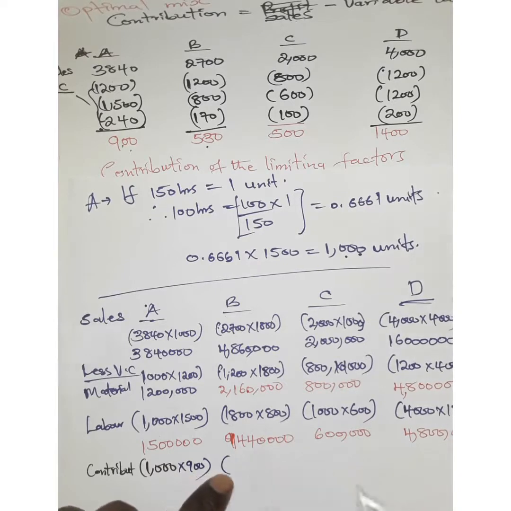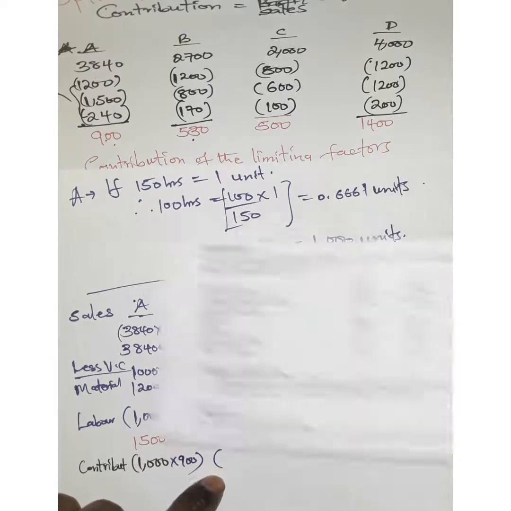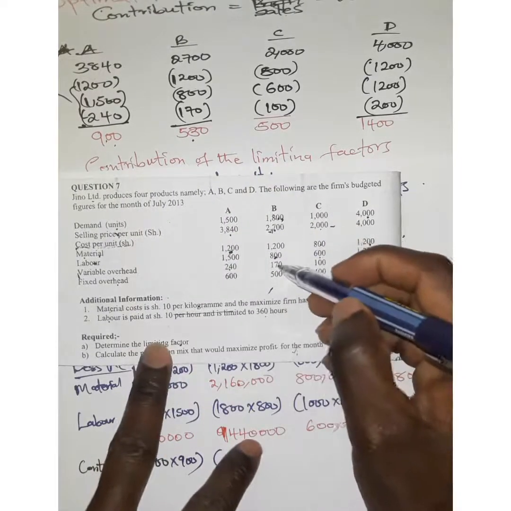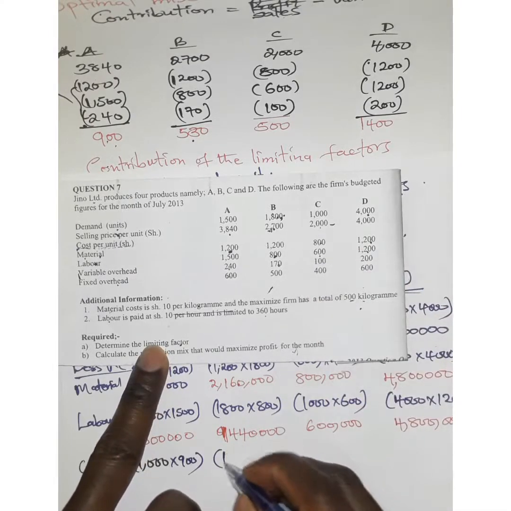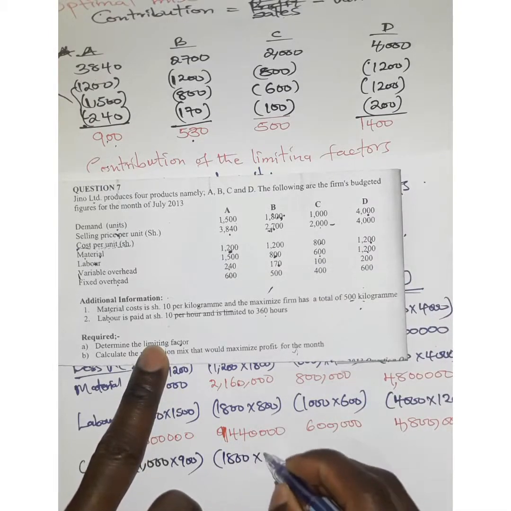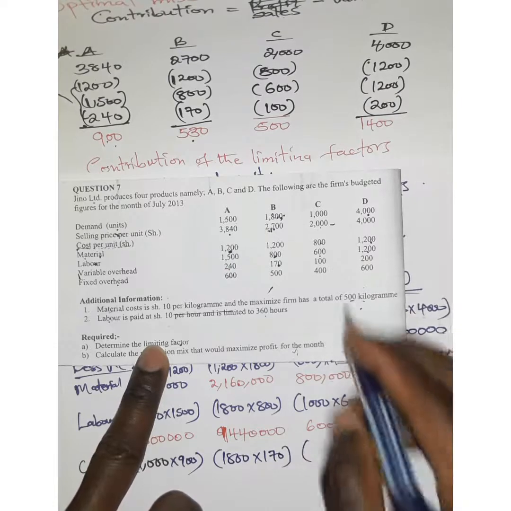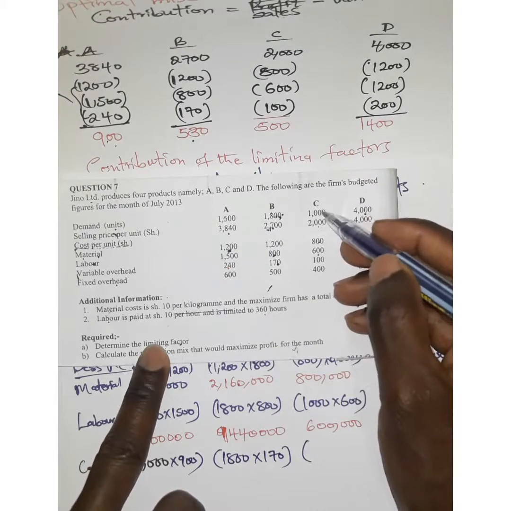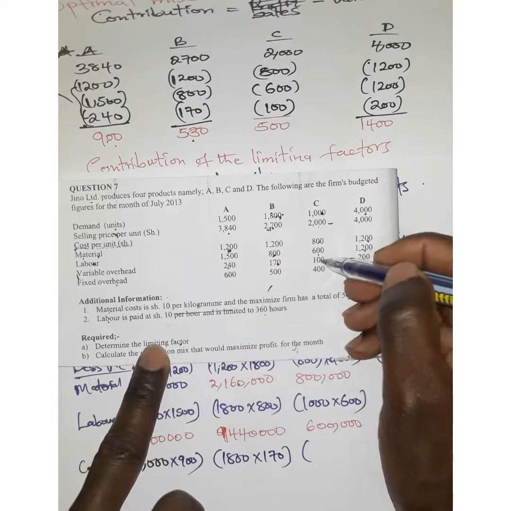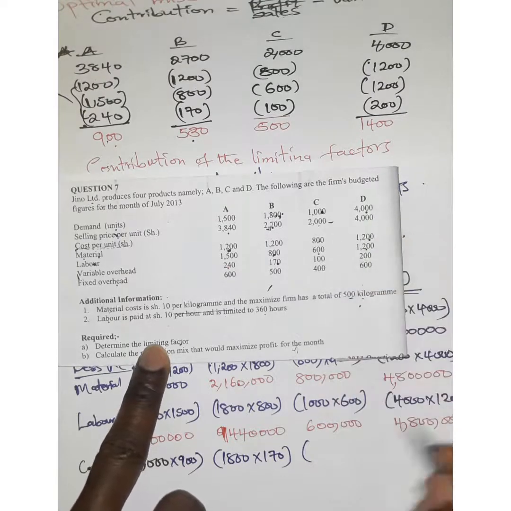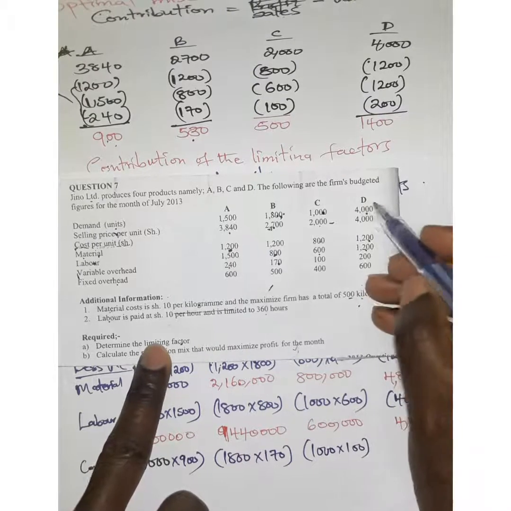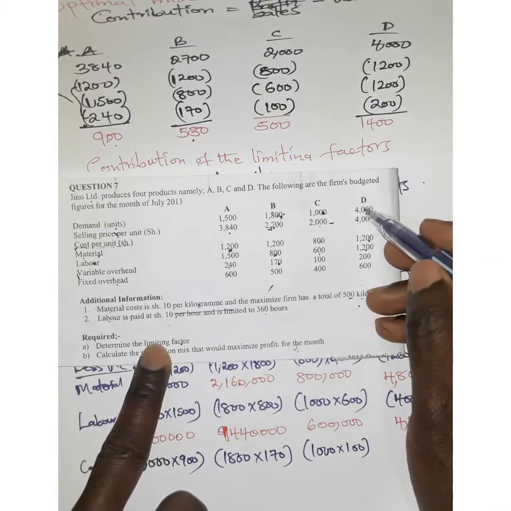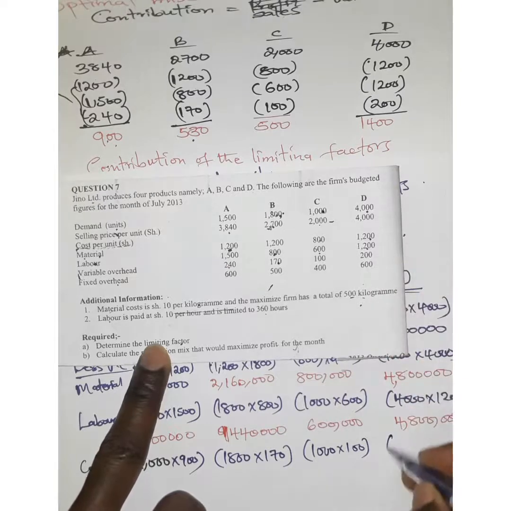Then for B, it should actually remain 1,800, will not be affected. 1,800 times 170. For C again it will remain 1000 times 100. Then finally for D should be 4000 times 200.